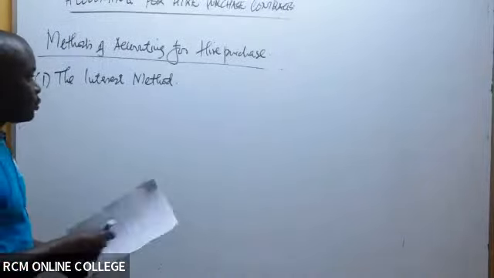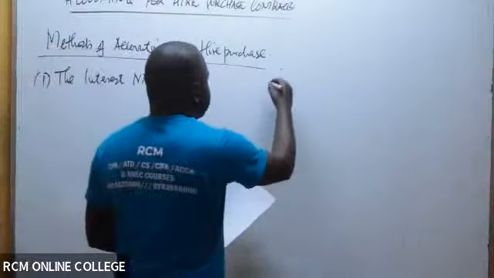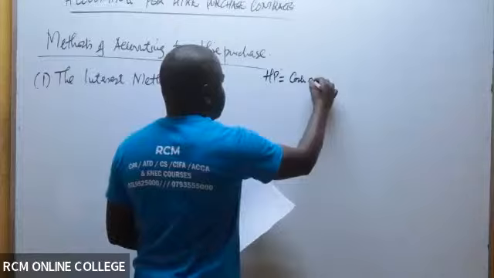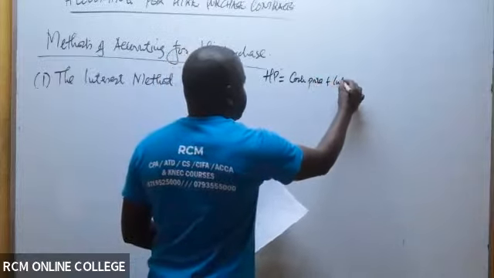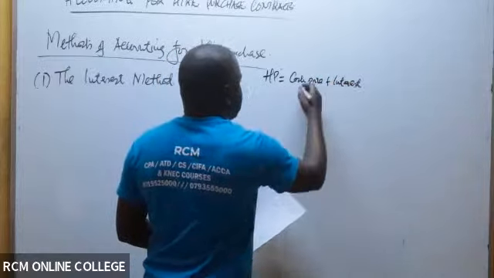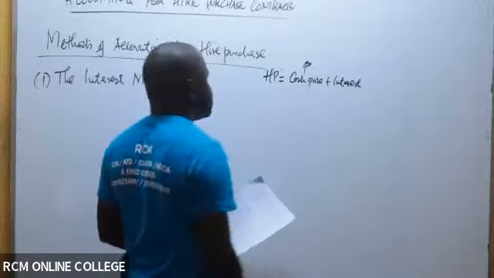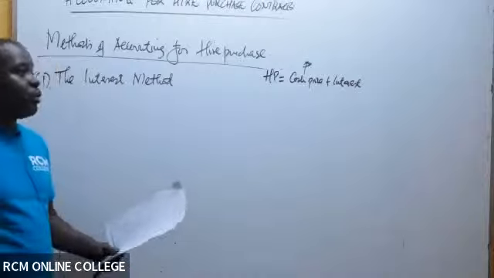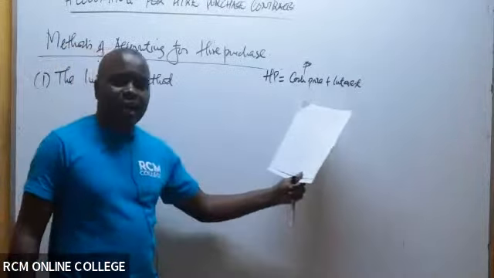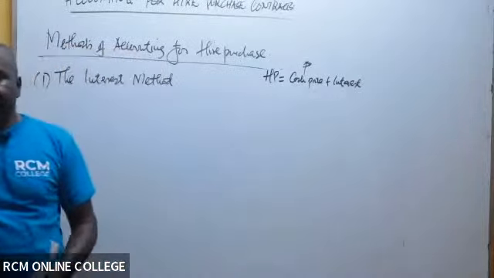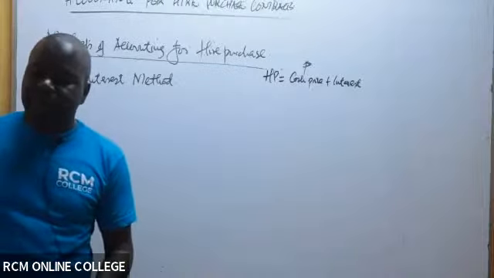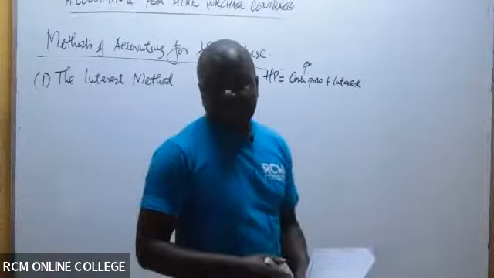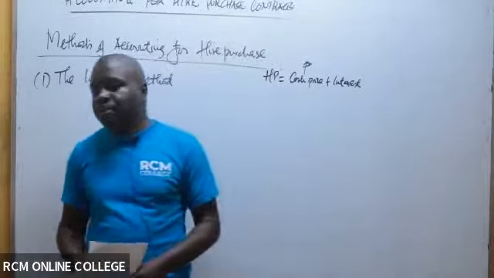Remember, we've said that hire purchase price is equal to the cash price plus interest. So when we are preparing, for example, the income statement, we recognize the sales at cash price. You start with sales, less cost of sales, then you get gross profit.